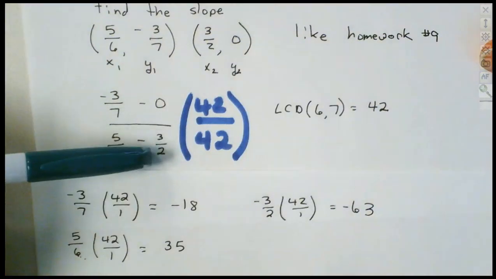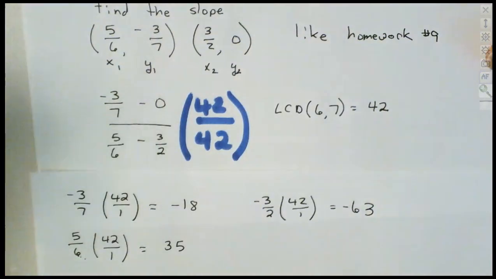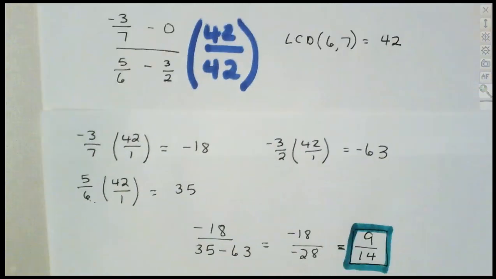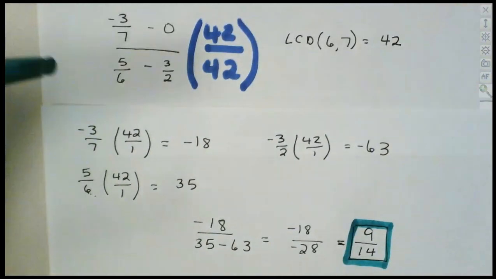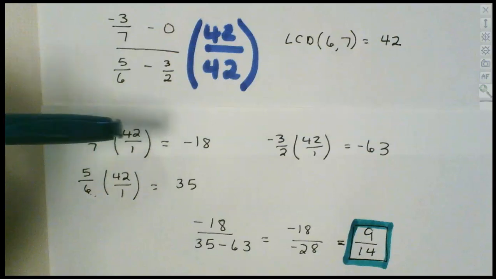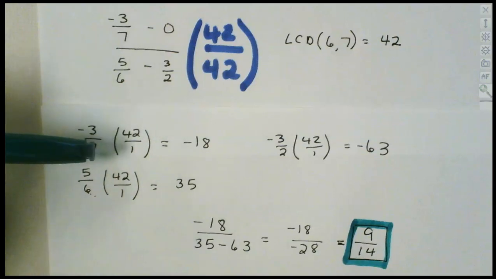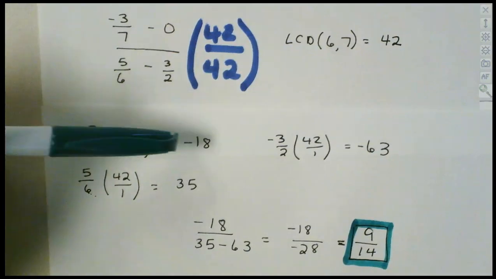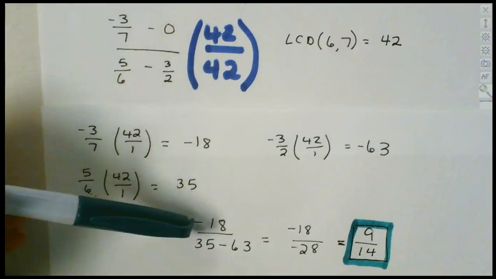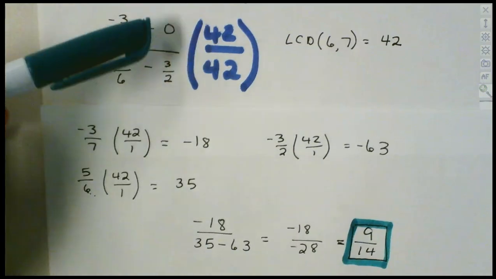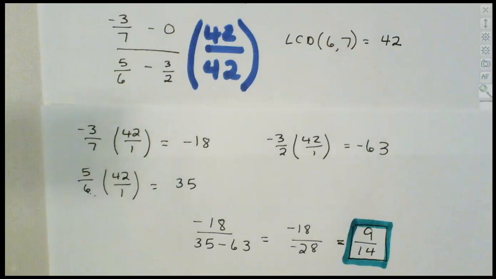That's also going to take care of the 2 there. So we multiplied everything by 42. So what does that mean? When we clear our fractions, divide and multiply. So 42 divided by 7 is 6. 6 times that negative 3 makes that first piece a negative 18. Zero's gone. We don't have to worry about it.